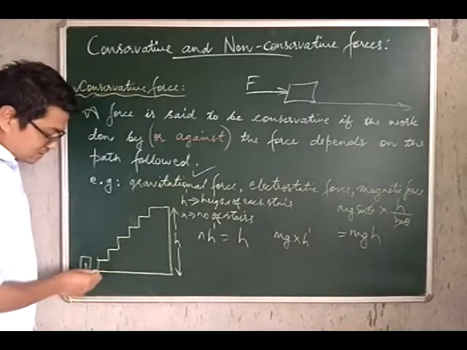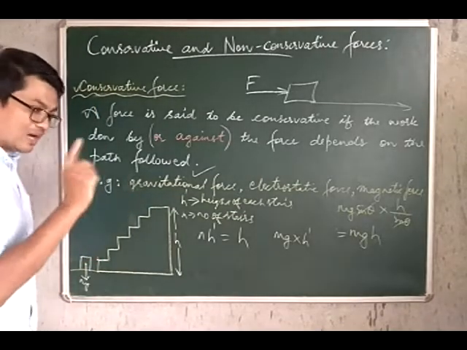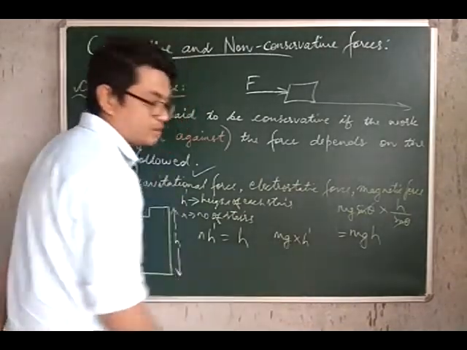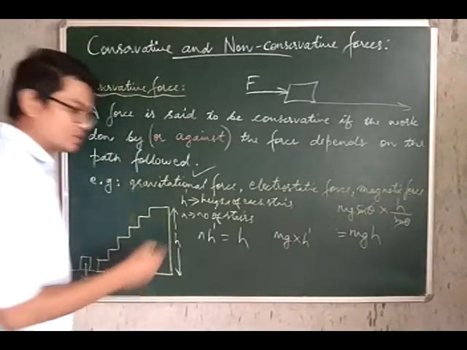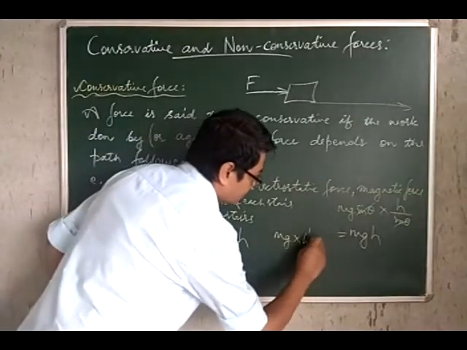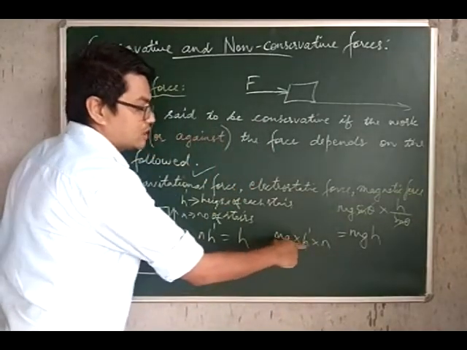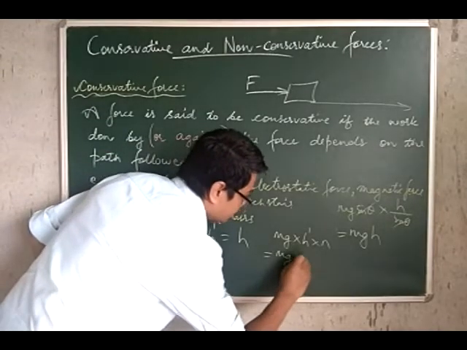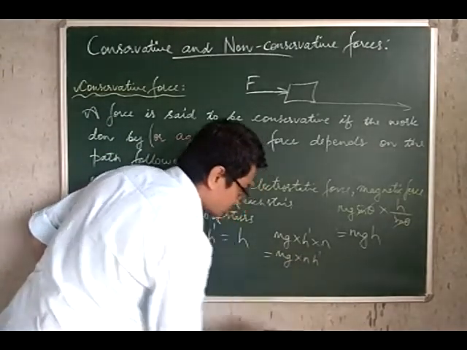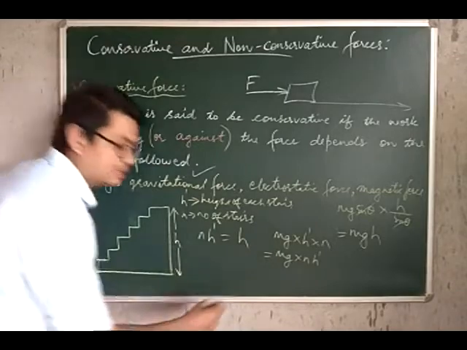So the work done to move it up by one stair is mg h dash. So the work done to move it by n number of stairs will simply be mg h dash into n. So mg into n h dash, but n h dash is simply h.